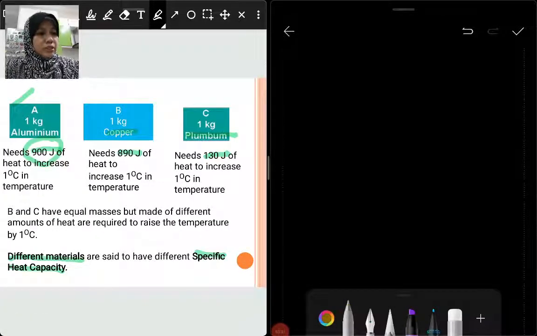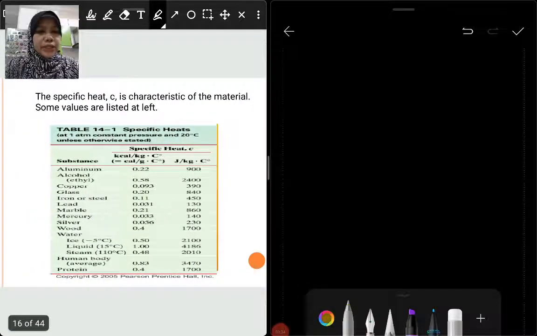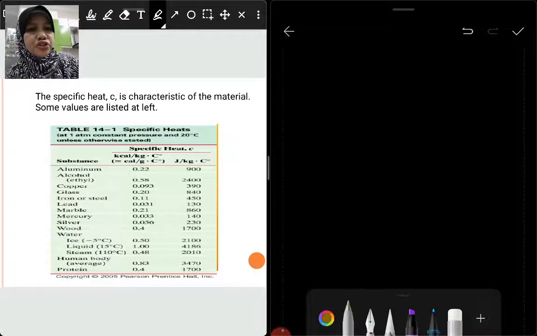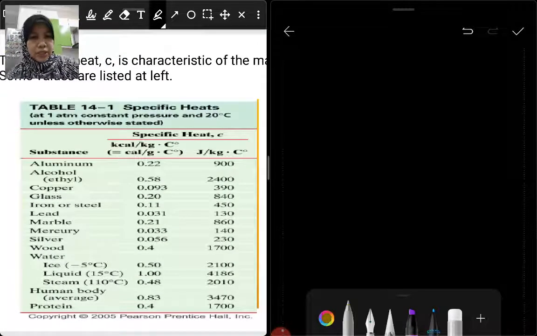Alright, this table shows the value of specific heat capacity for different substances. Can you see it? Hopefully you can see it, or you can refer to a reference book. They list the substances here: aluminium, alcohol, copper, and the last one is protein.